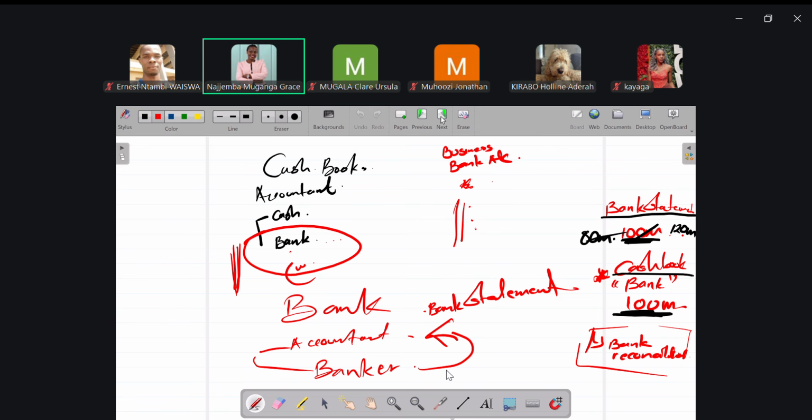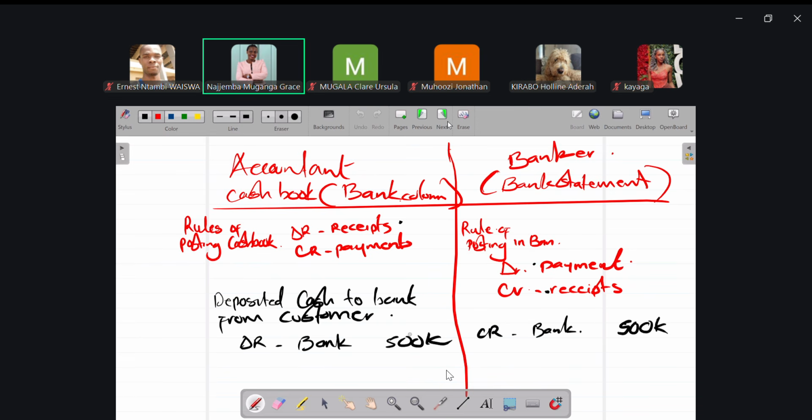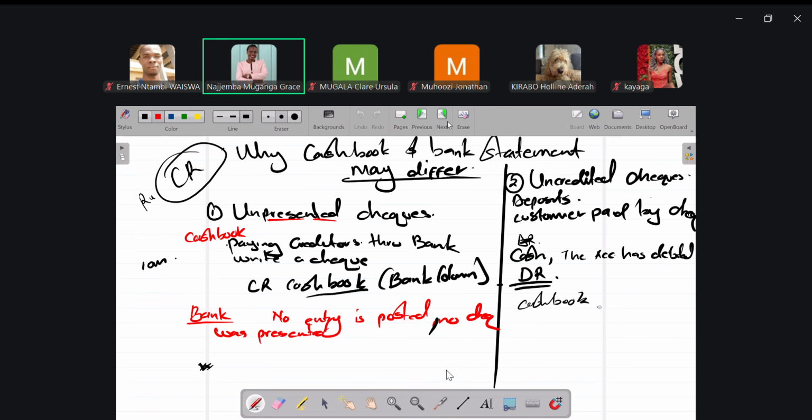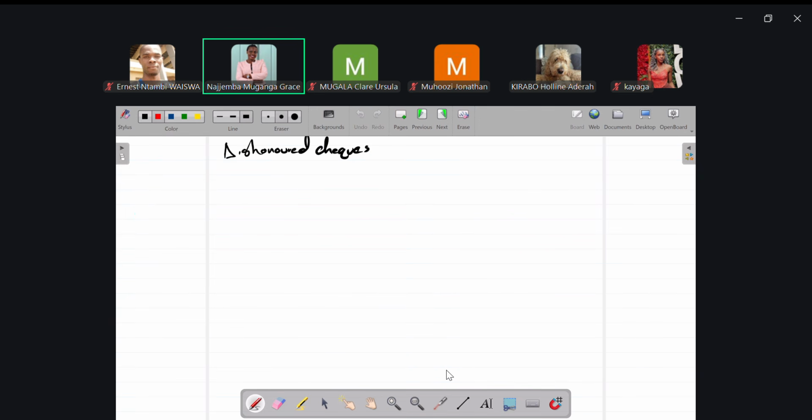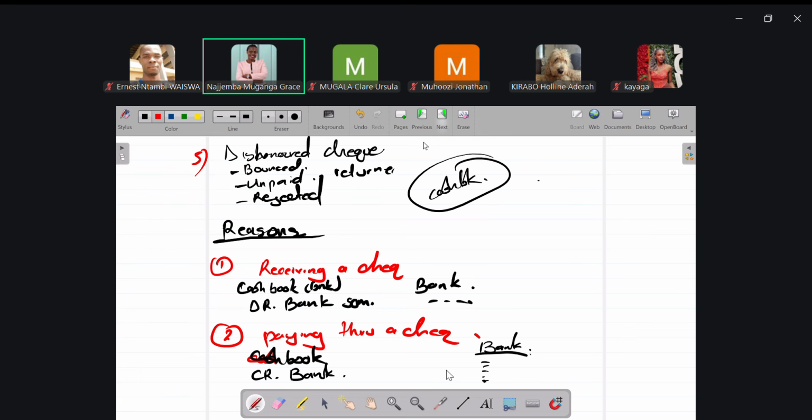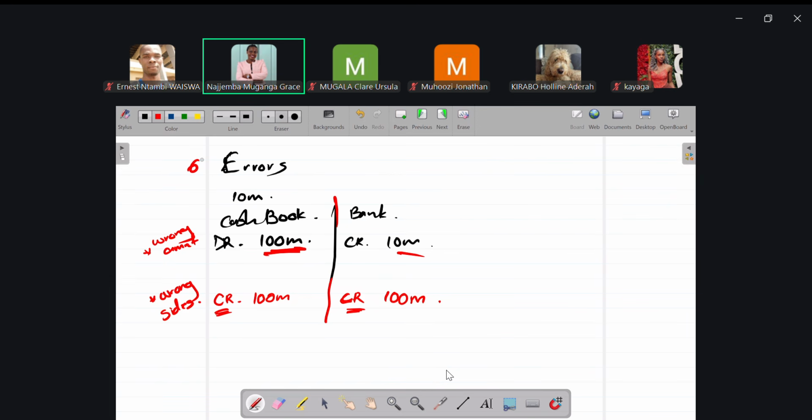In the cash book, when we receive, we debit, and if it's a payment, we credit. Then we looked at the causes of the disagreements in balances: unpresented checks, uncredited checks, direct credits, direct debits, dishonored checks, and errors.